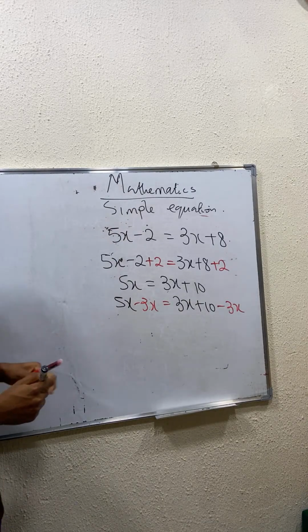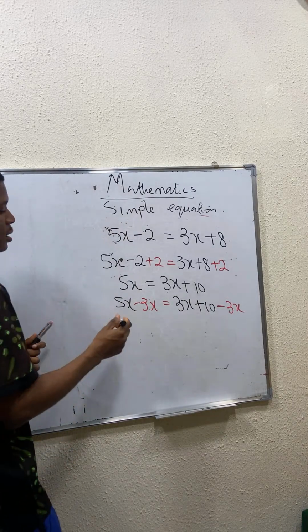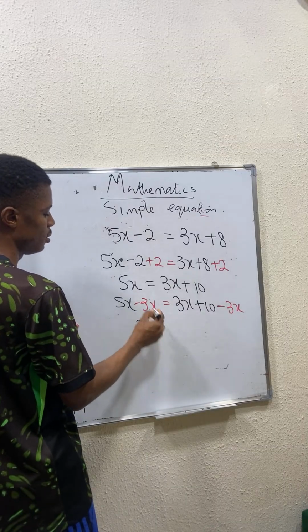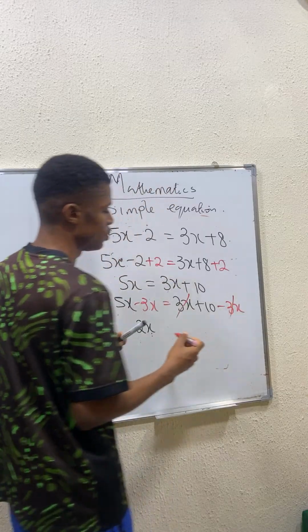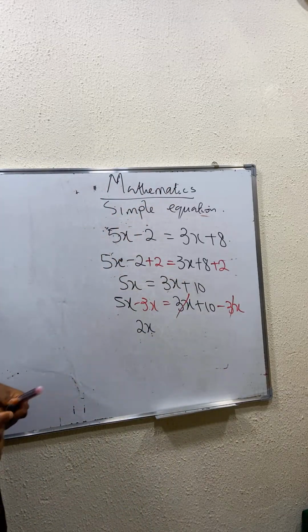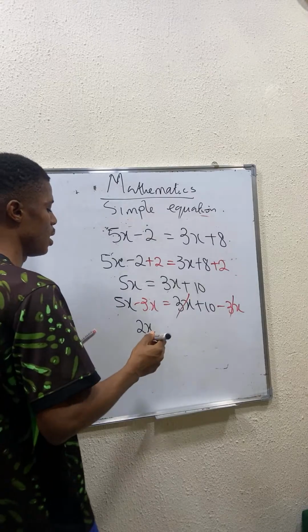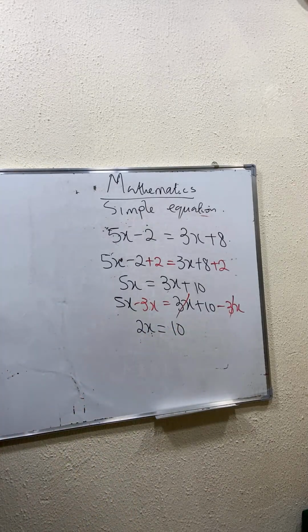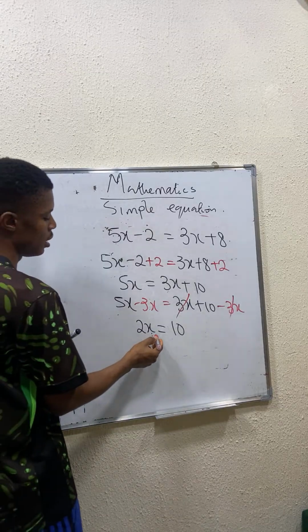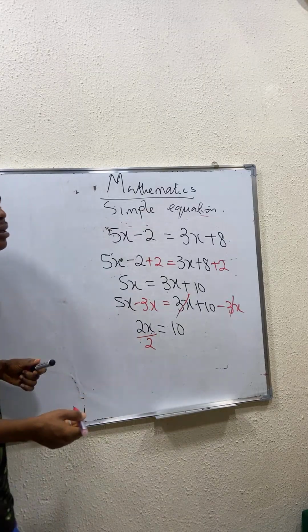So 5x minus 3x is giving you 2x, right? Then 3x minus 3x will be 0, right? So here you are left with 10. Are you getting it? Then you have to divide now by the coefficient.